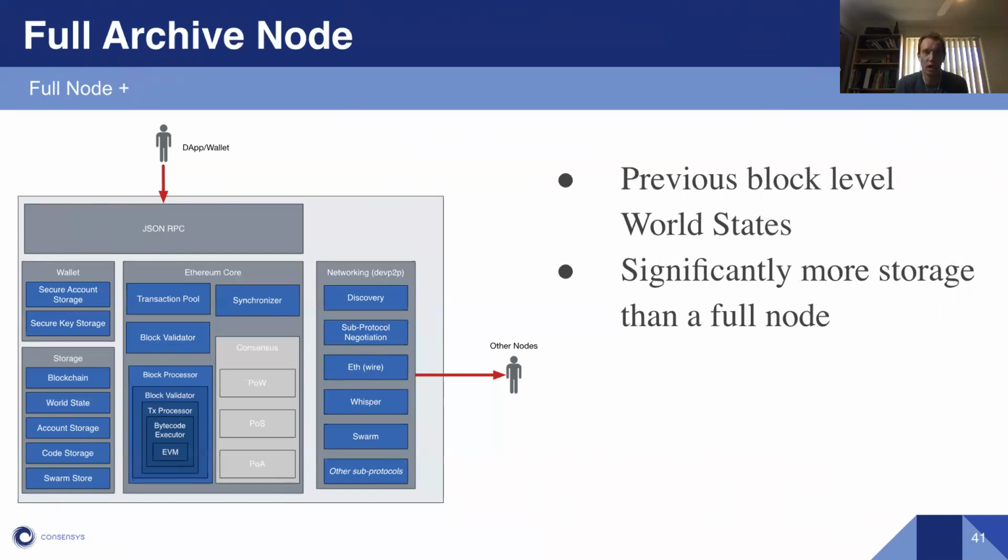A full archive node then differs from the full node by storing the world state and the full history of world states. So making it possible for you to go back and look at what was the world state at a particular block in the past. And so by nature, that's going to have a bunch more storage because it's going to need to keep all that historical information there rather than just the latest view.